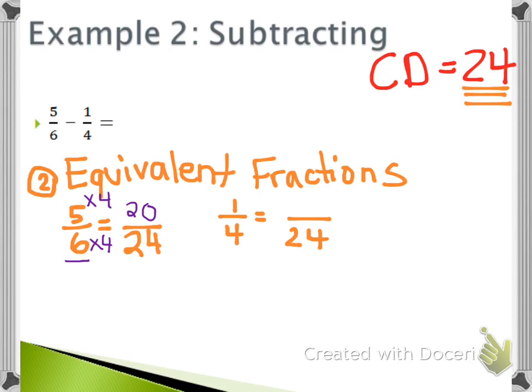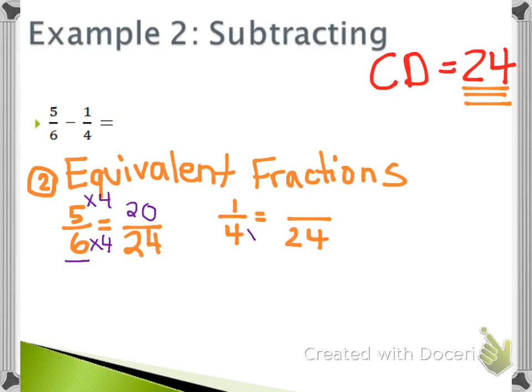Alright, so we've set 1/4 equal to a fraction that has the common denominator. And now we need to figure out what our numerator over 24 is going to be. So just like last time, my focus is on the 4 in 1/4, and I need to ask myself, okay, what do I need to do to this 4 to get 24?